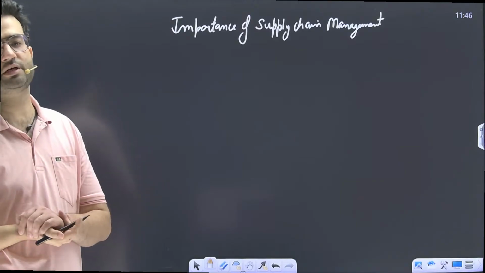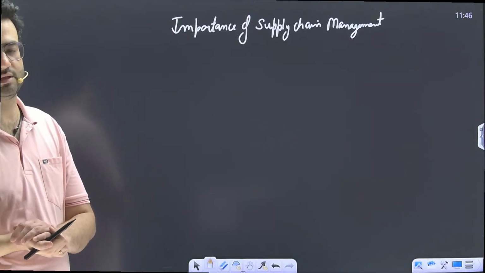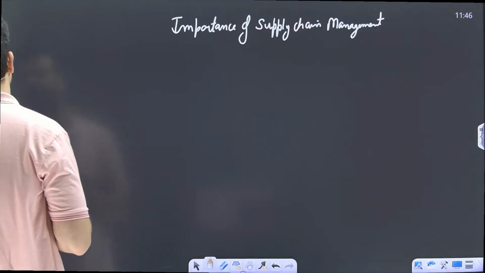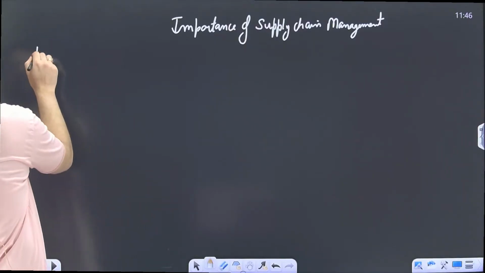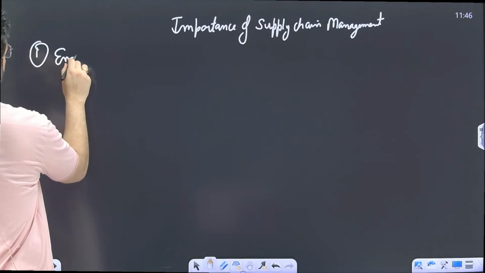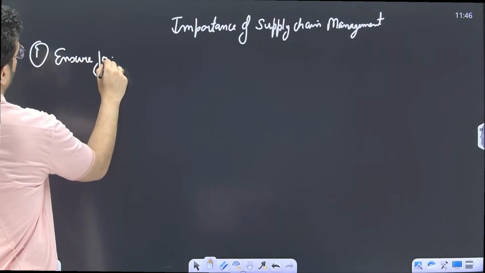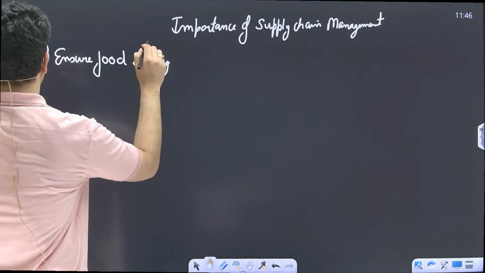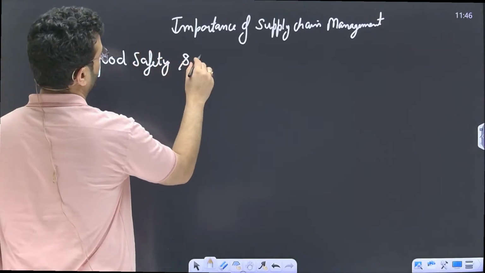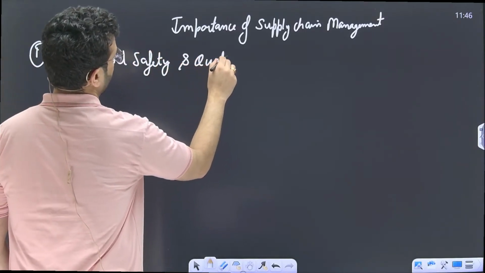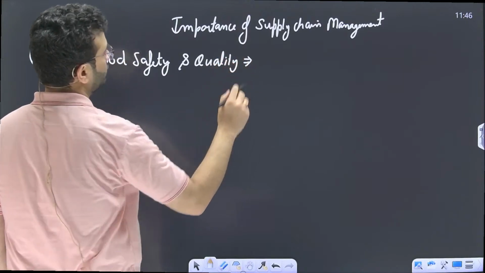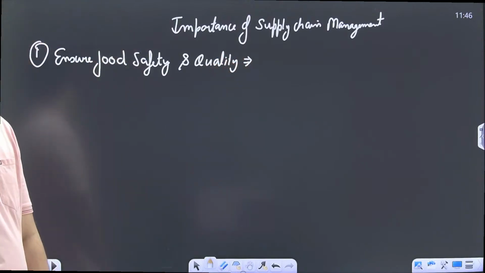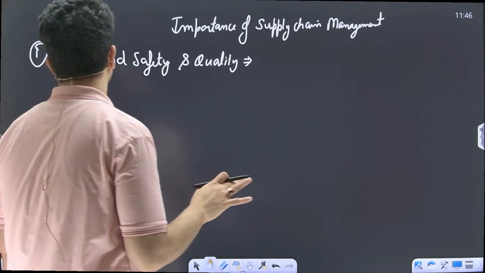How important is supply chain management? Let's discuss this. The first is ensuring food safety and quality. You need to ensure the food safety and quality.